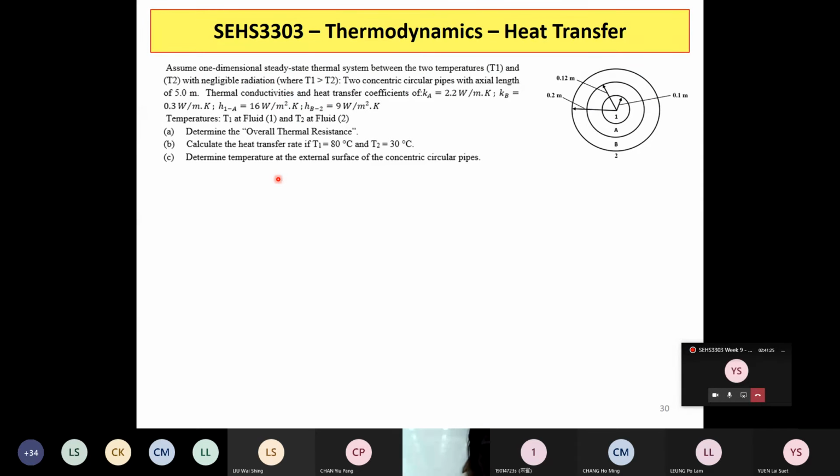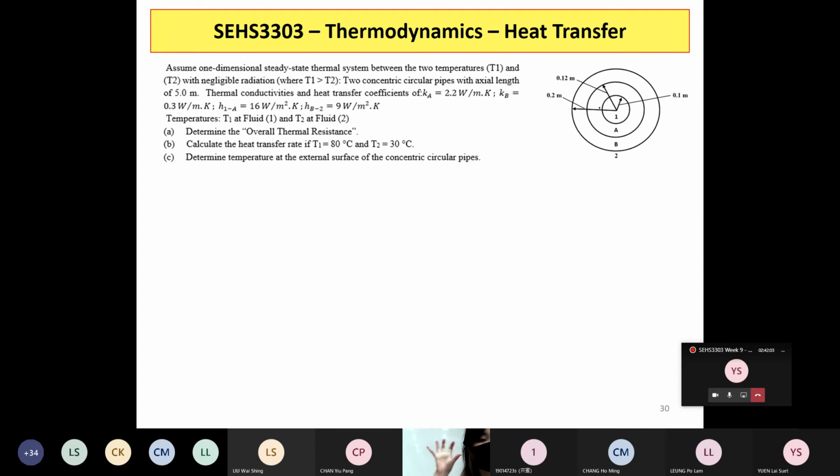If it's okay for you, let's continue one more class tutorial. As I said, I just rearranged questions 22 and 23. Actually, they are the same. Here, we assume a one-dimensional steady-state thermal system between the two temperatures with negligible radiation. We assume T1 is larger than T2.